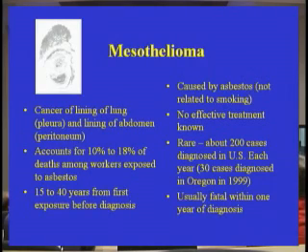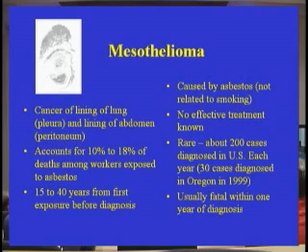Mesothelioma is a very rare cancer. It occurs in the lining of the lung. It is definitely asbestos related. And the problem with mesothelioma is it is not necessarily associated with the amount of asbestos exposure.